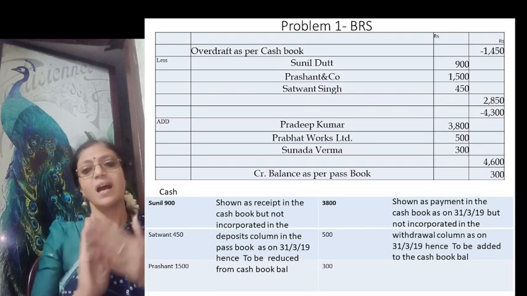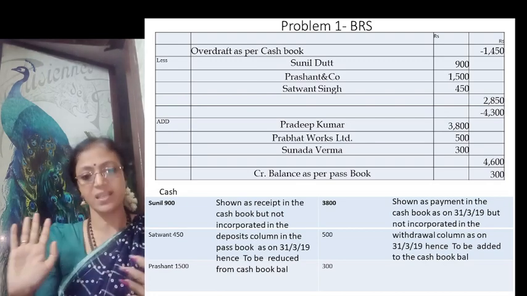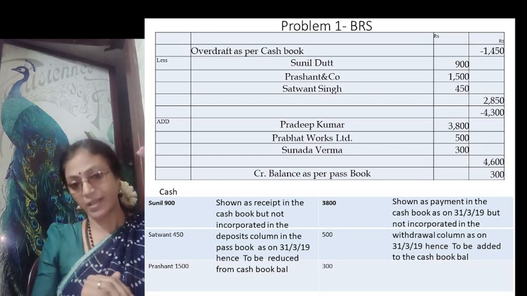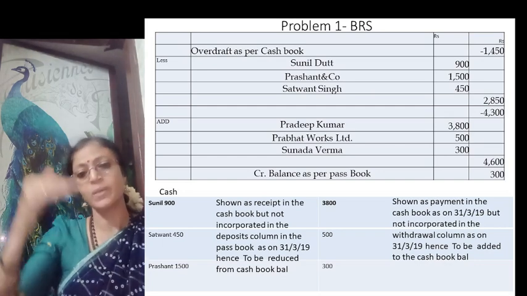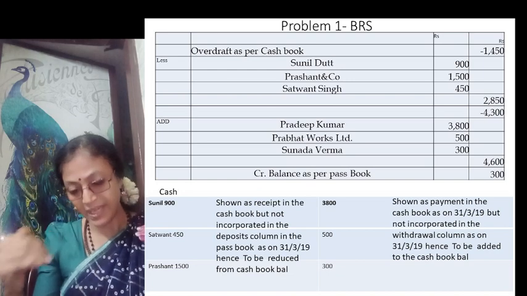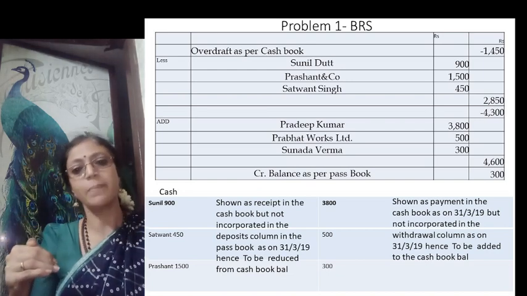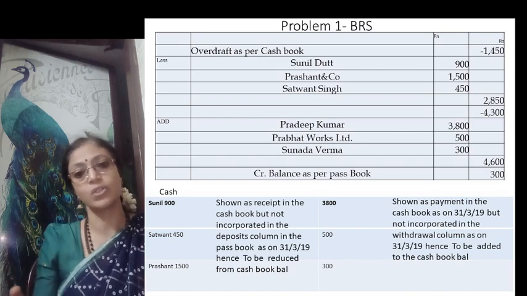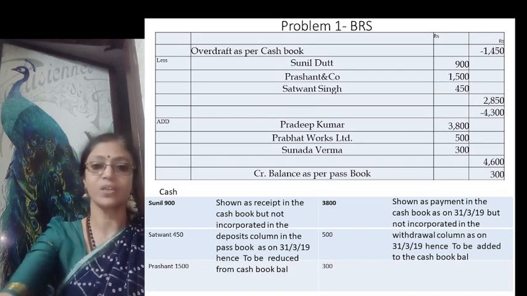Our adjustments can be done only in the cash book. These items would have actually shown as an expenditure in the cash book, therefore your cash book would be less. We are going to add them back to the cash book to figure out what our actual amount is as far as the passbook is concerned.